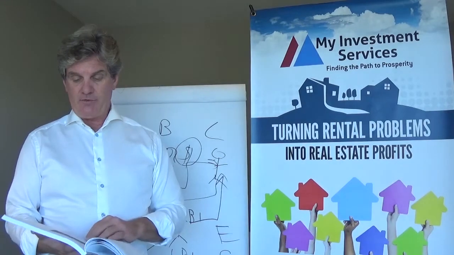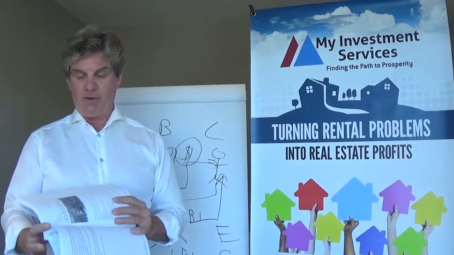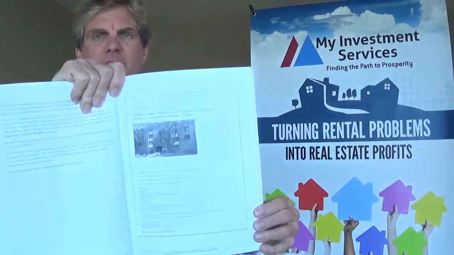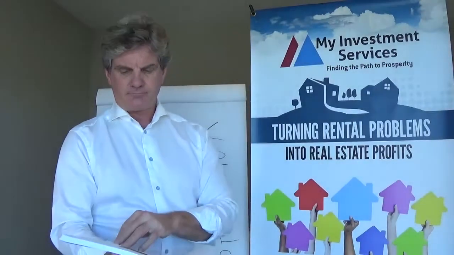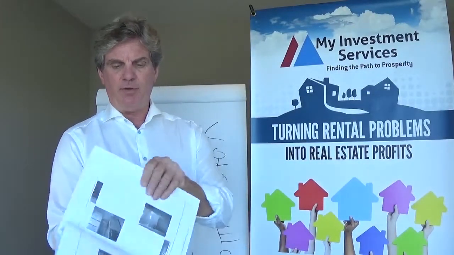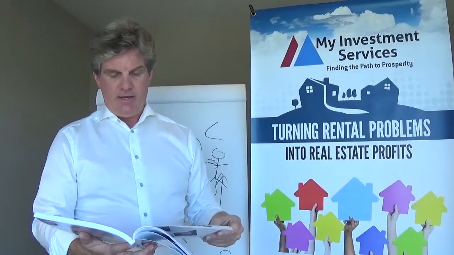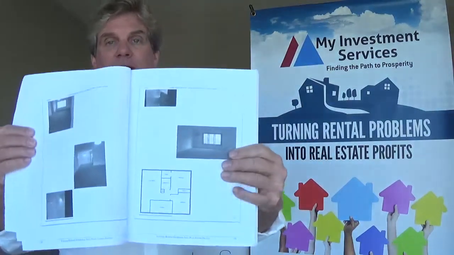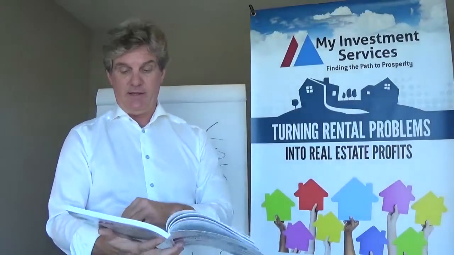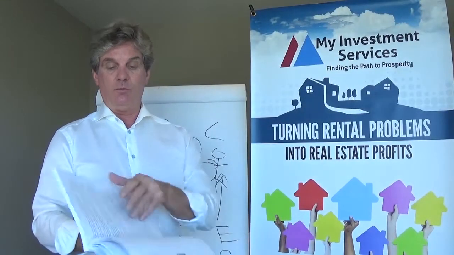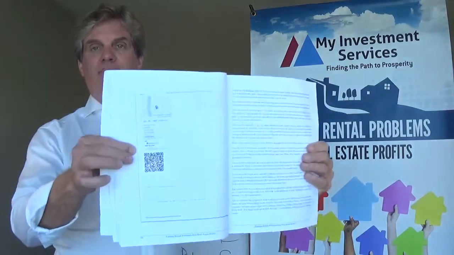In any case, we talked about the ad, and I'm going to give you a little picture of one here, right? That's a sample of an ad. It has lots of pictures, okay? Lots of pictures. And by the way, you even give them the floor plan. Look at that. We even give them the floor plan. And by the way, look at that.